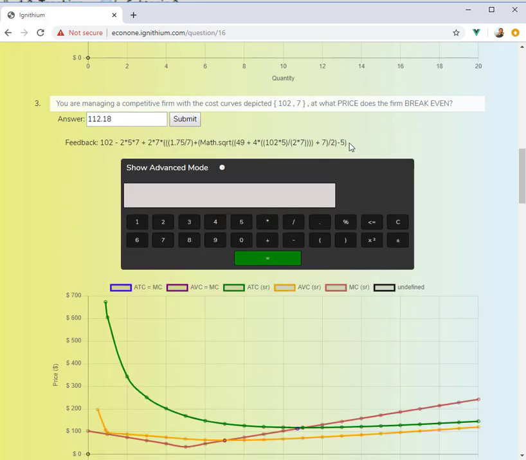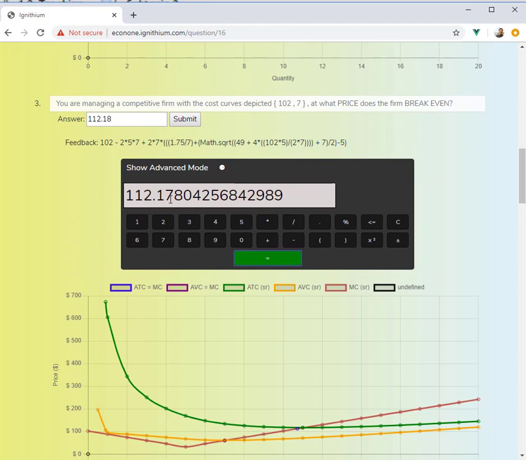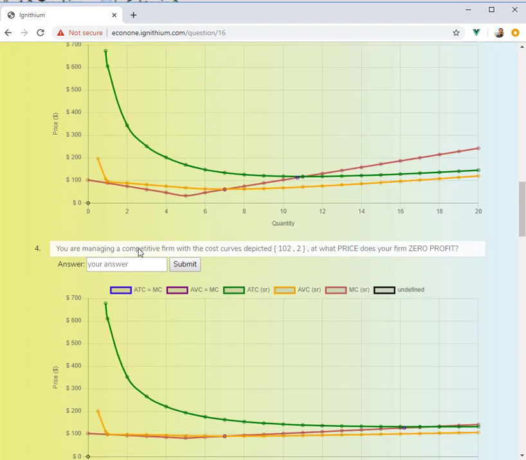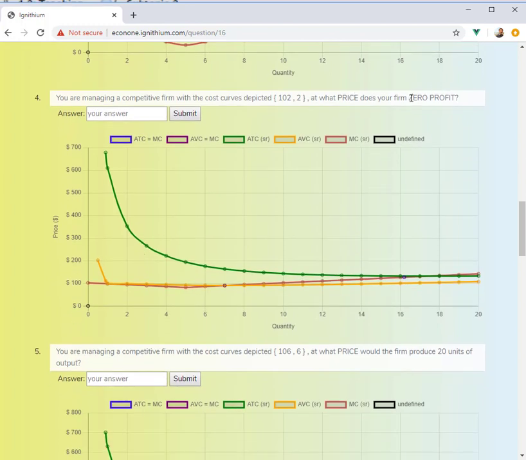And the expression is kind of long, but let's put it in our calculator. And yeah, so that's right. If we put in 112.17, if we didn't round it, we would still end up getting the answer correct when it was scored off of the submission. This is another question about 0 profit, which is another way of talking about break even.